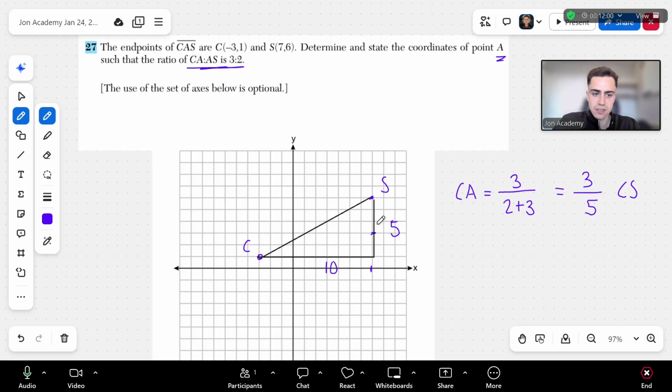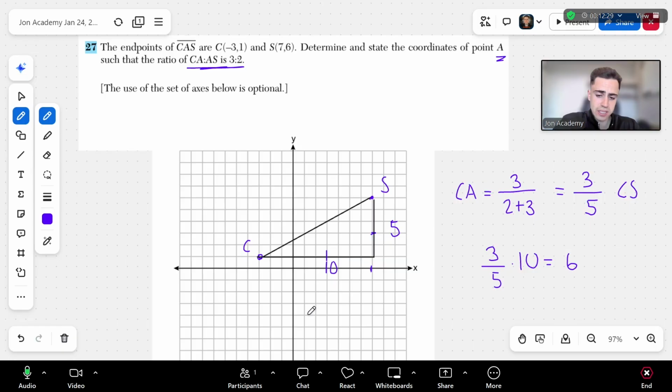And what happens? For getting into CS, we did 10 to the right and 5 up. So out of the 10 to the right, we are going to be taking 3/5. So it's going to be 3/5 times 10, which is equal to 6. So we are going to go 6 to the right from C, and that's getting us here exactly.